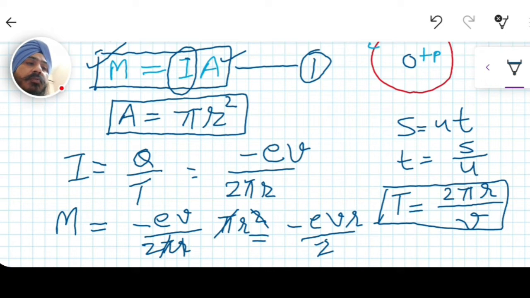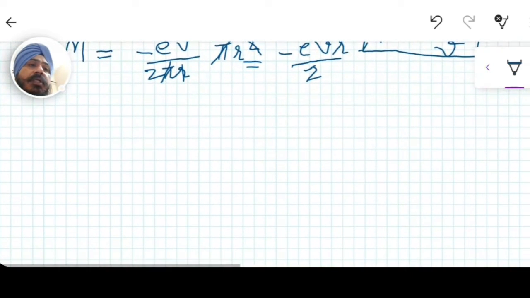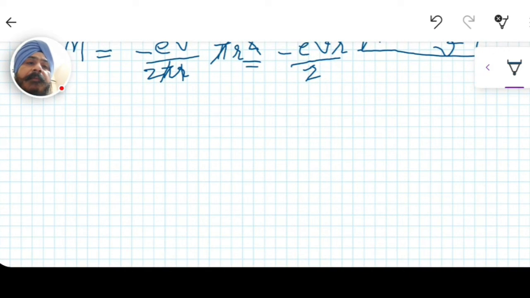So this is our magnetic dipole moment. Now, converting it into a more useful result, we are here with m equal to minus evr upon 2.